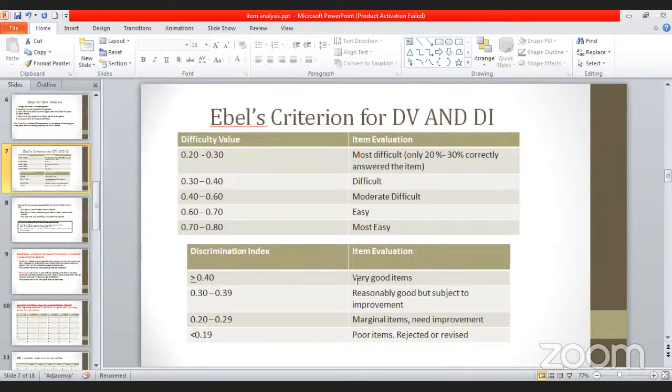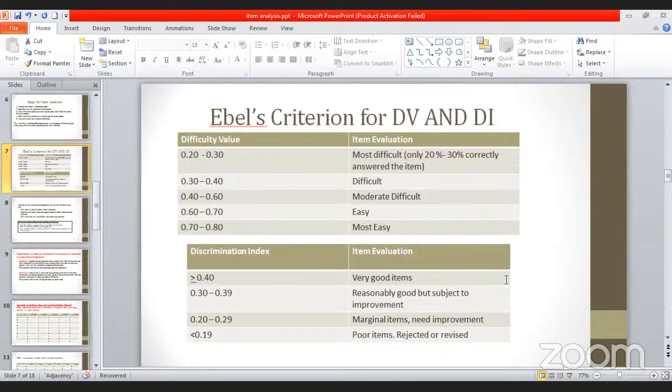And for the discrimination index, greater than 0.40 is a very good item, 0.30 to 0.39 is reasonably good, 0.20 to 0.29 is marginal, and less than 0.19 are poor items.